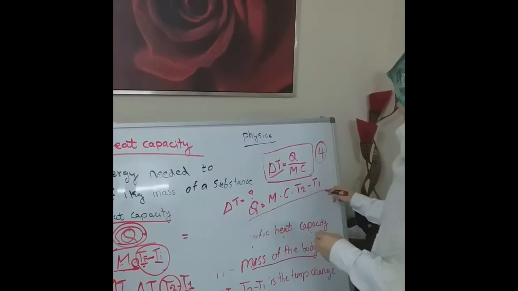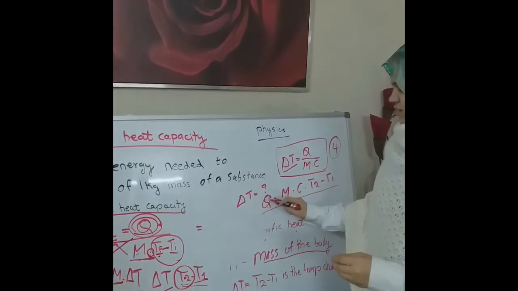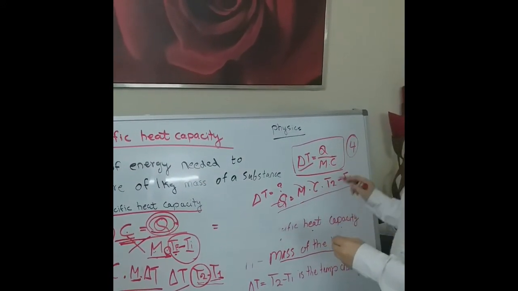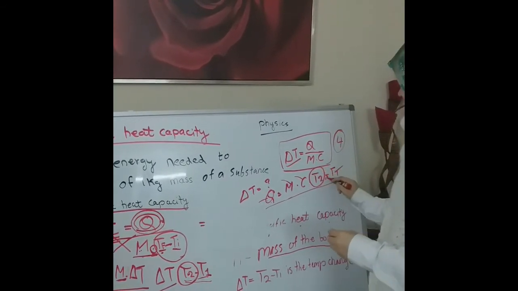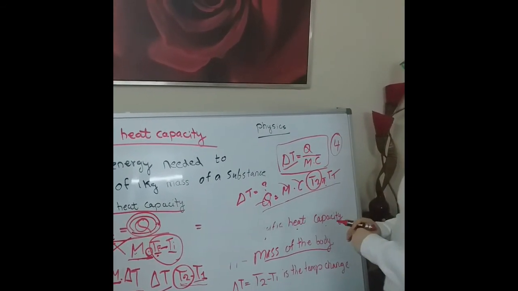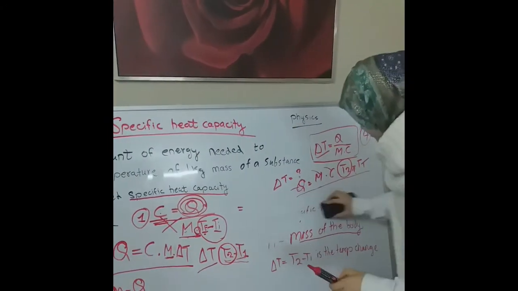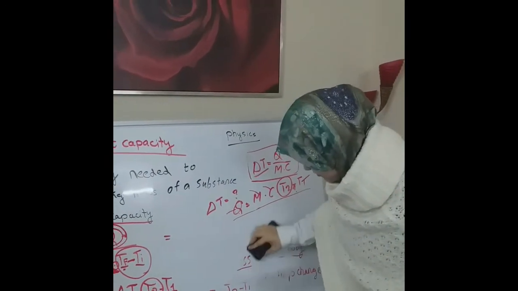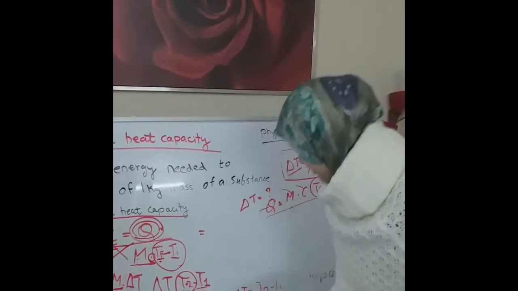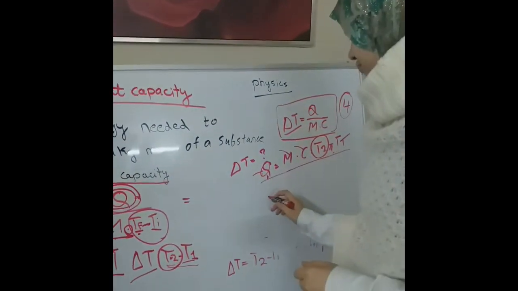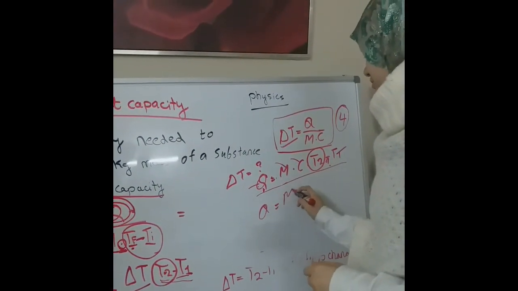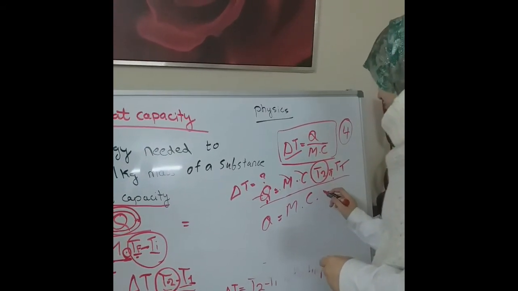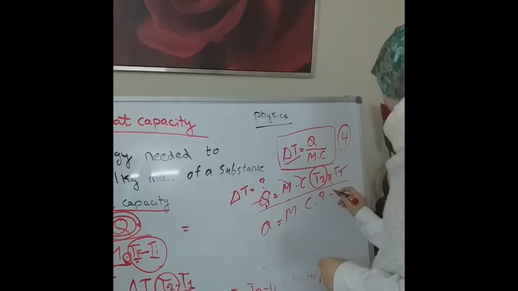If Q is given, the mass is given, C is given, T1 is given, but T2 is left, we'll put the number for Q, the number for M, the number for C, but T2 will be missing, and minus T1.